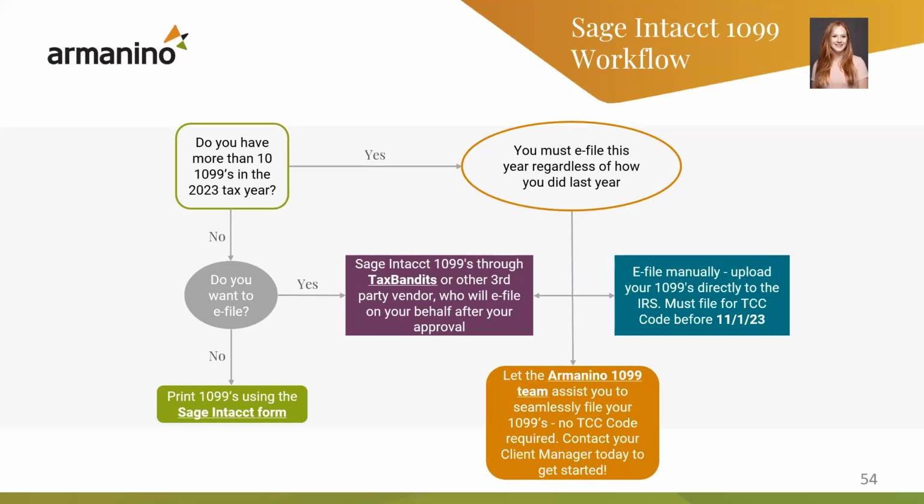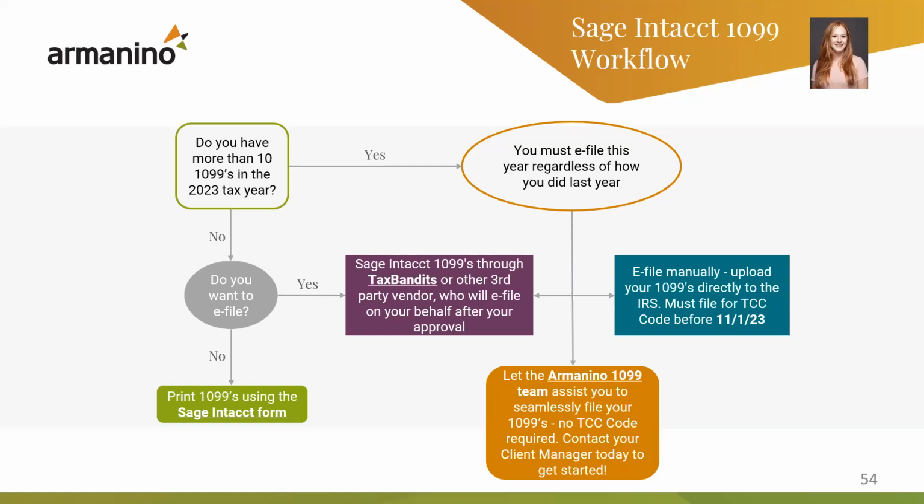And so if you do need to e-file, there are several options that you have in order to do so. One of them is to e-file completely on your own. And while you're more than welcome to do that, I don't know if anyone's really going to go with that option. But we would like to make sure that everyone knows that Armanino does have a 1099 team.